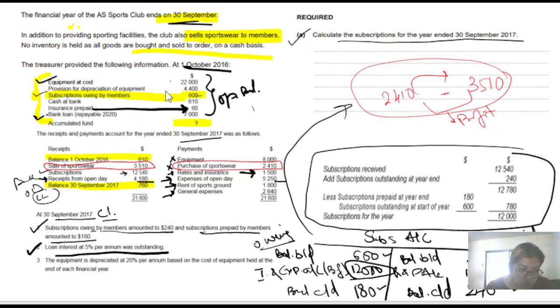And another equipment you purchased, that is 8,000. So 22,000 plus this 8,000 is 30,000.